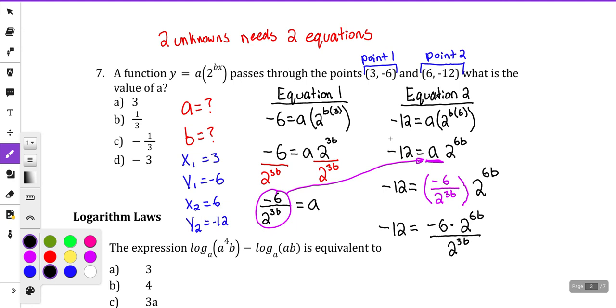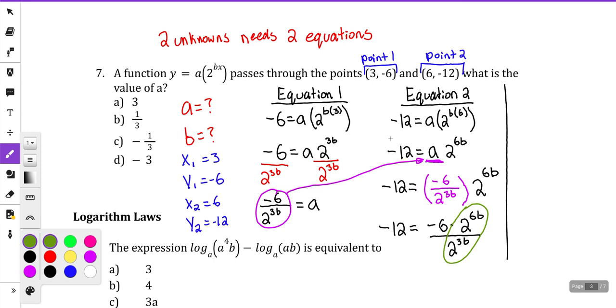Next thing I'm going to do is use an exponent law. When I have two things dividing that have the same base, I can subtract their exponents. This thing right here, those are dividing. That means I can subtract their exponents.